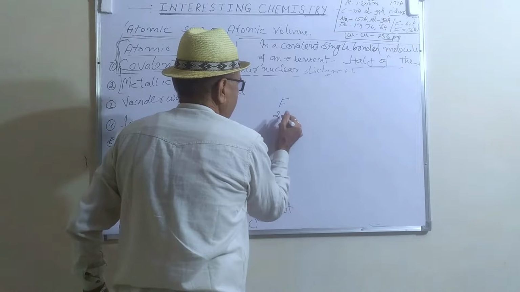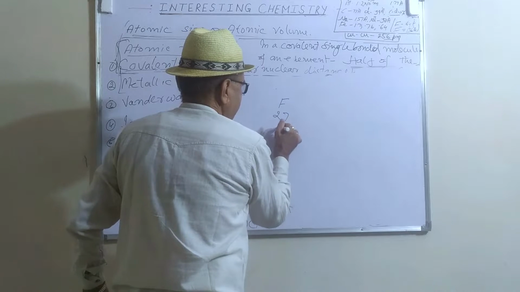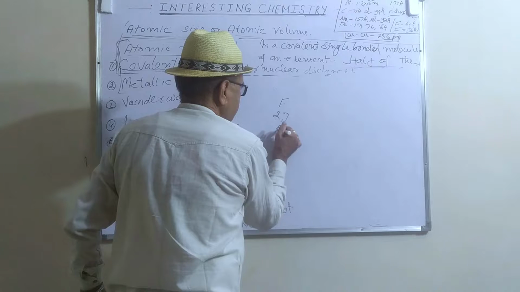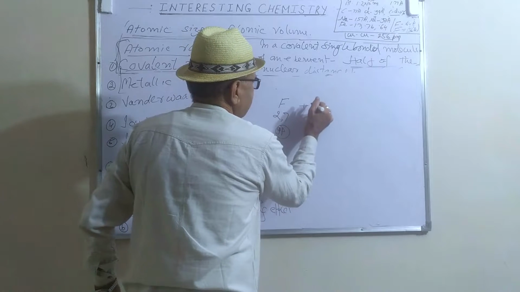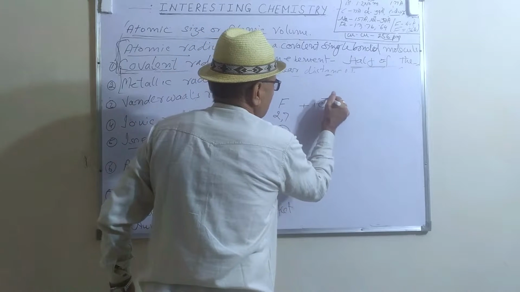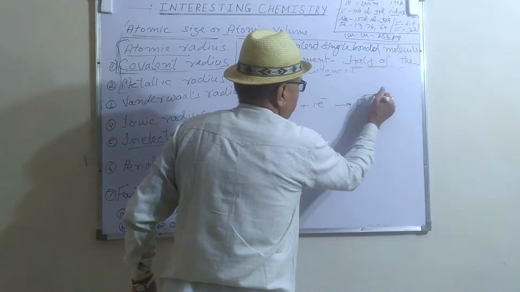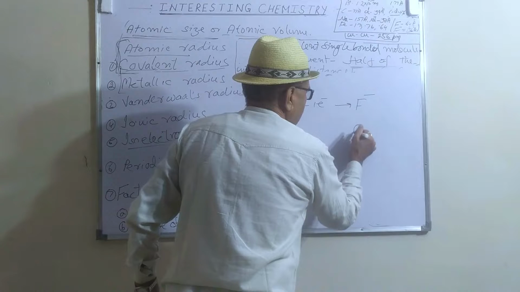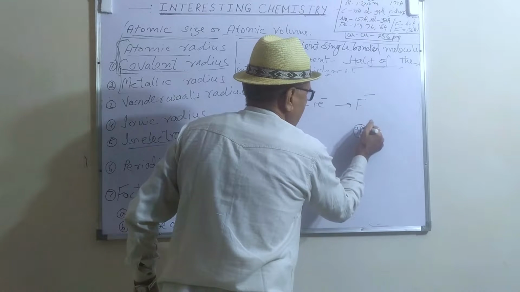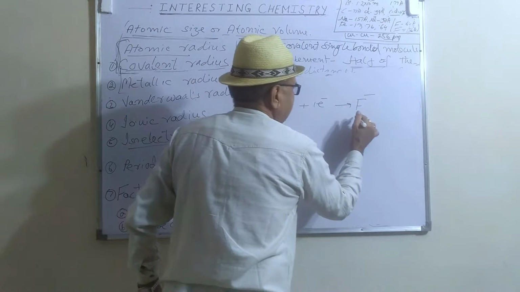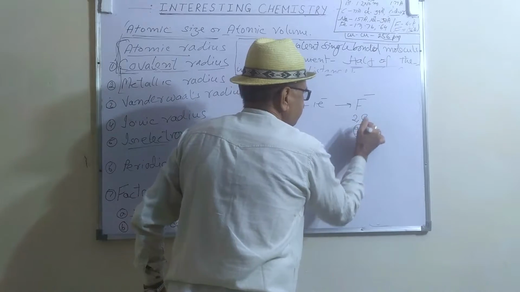The electronic configuration is 2,7 and the protons are 9, and when it gains 1 electron, the F ion will be formed. Now the electronic configuration of the F ion is 2,8.